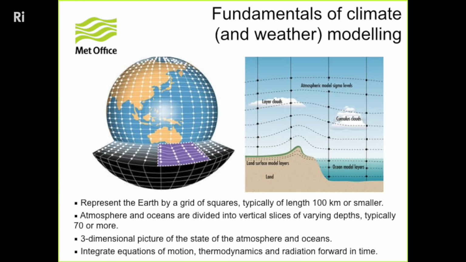And we integrate the equations forward in time to say how the atmosphere and oceans will evolve as time progresses. So it's a simulation based on fundamental physics, using those equations that I talked about, solving them with some very clever mathematics on a grid that looks a bit like that.